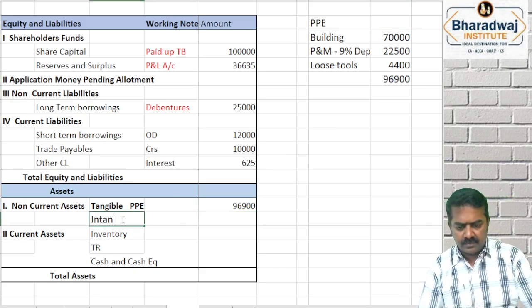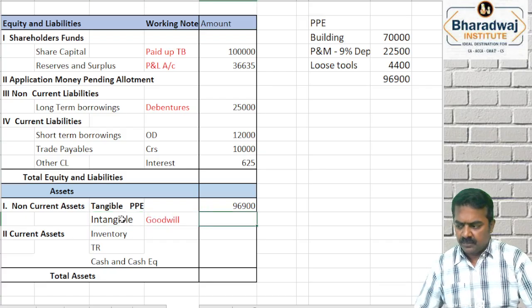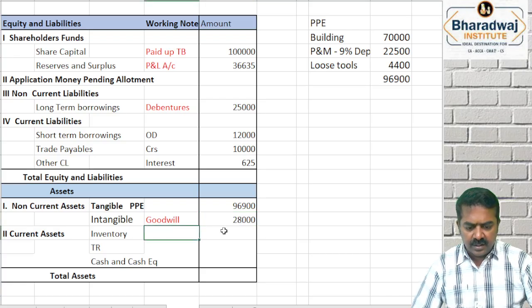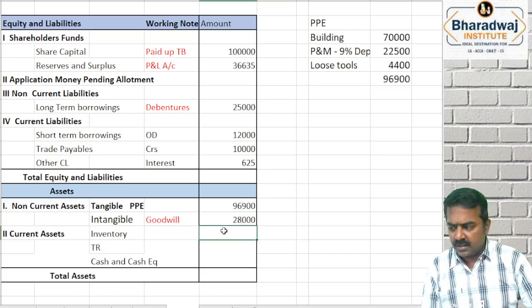Intangible, that goodwill will come. How much goodwill? 28,000 will come as goodwill. Inventory is nothing but the closing stock.